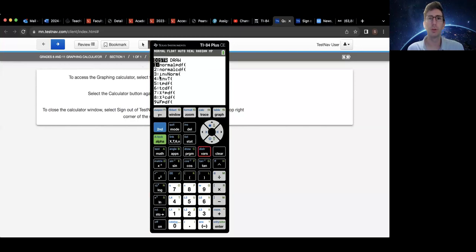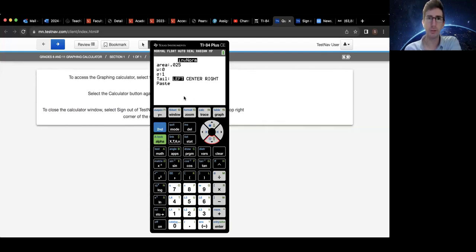We go down to option 3, invNorm for inverse norm, hit enter, and all we have to give it is the area under the curve, so 0.025, and we're in z-value terms, right? Which means we're in a standard normal curve. So that means our mean is 0 and our standard deviation is 1. We're going to ignore this tail.